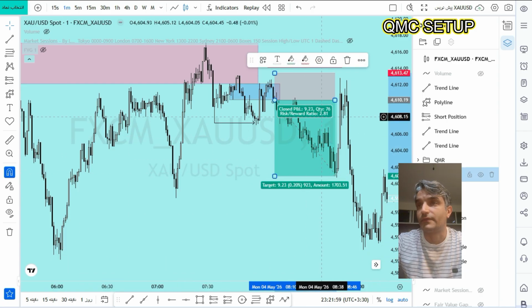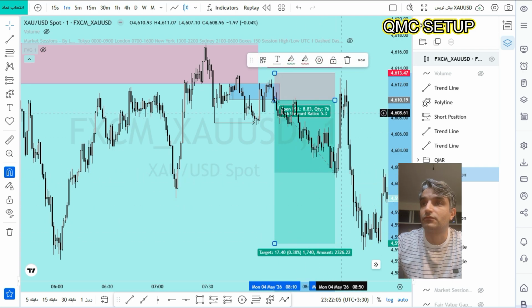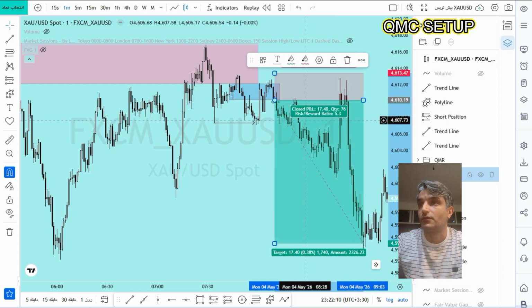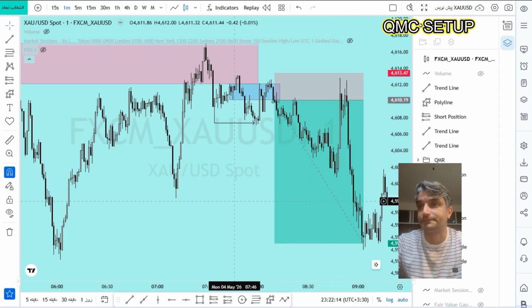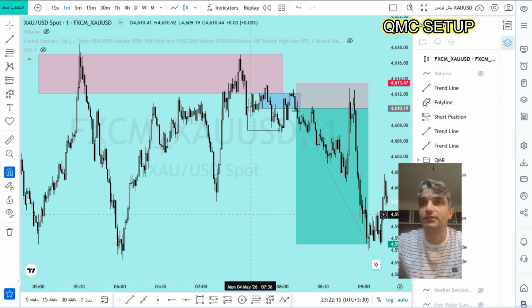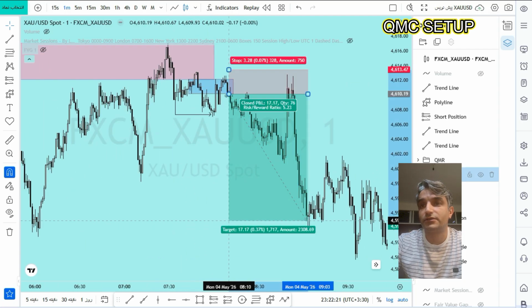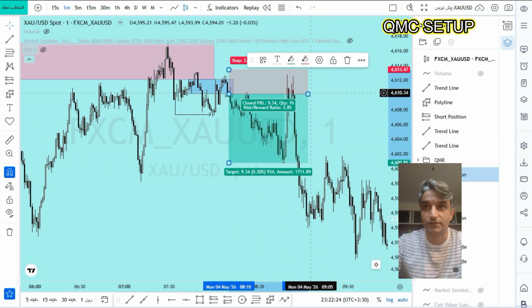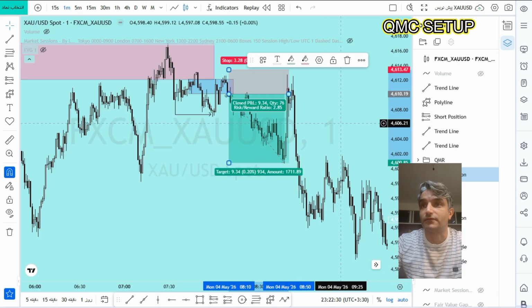As you see here, our risk reward ratio is around 2.81, but if you want to stay in the market, your risk reward ratio is around 5. As I said, it depends on you. But if I was in the market, I prefer to take my profit in this area and come out of the market.